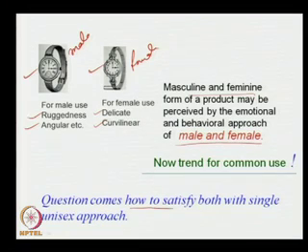Now, the question comes, how to satisfy both male and female with a single unisex approach? Then we must know the common factors of male behavior and female behavior. These are the fundamentals of ergonomics issues, ergonomics knowledge.